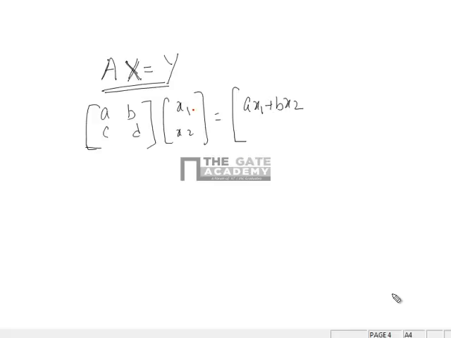It is nothing but Cx1 plus Dx2. Now, we will see the meaning of this. x1, x2 is a vector. Correct? What is happening here? Ax1 plus Bx2, Cx1 plus Dx2. Correct? So, I can write this.